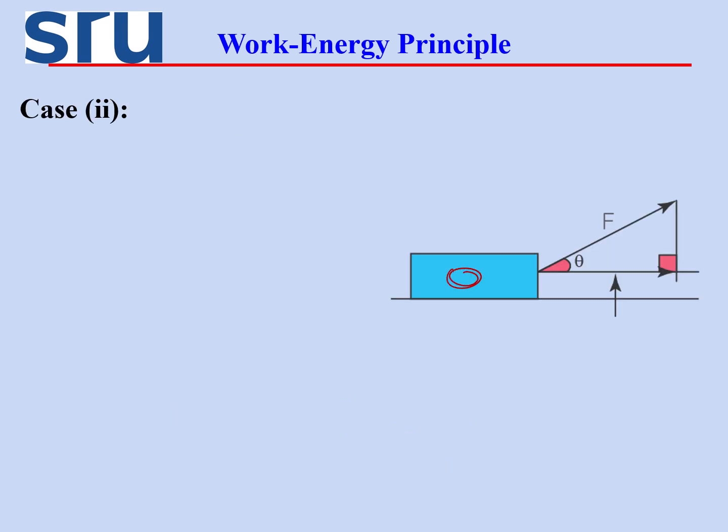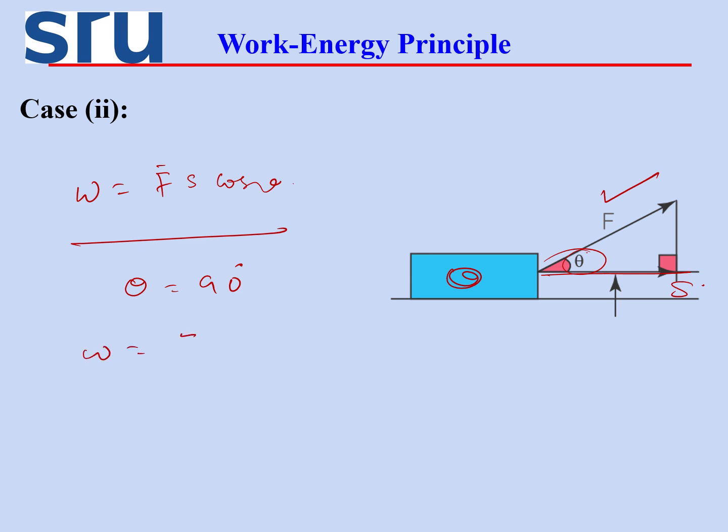The force is acting in this direction, and it is displaced in this direction. There is an angle between force and displacement. So W equals Fs cos theta. If theta equals 90 degrees, what happens? Work done is Fs cos 90. Cos 90 is 0. No work is done.